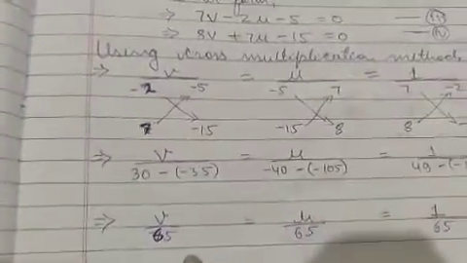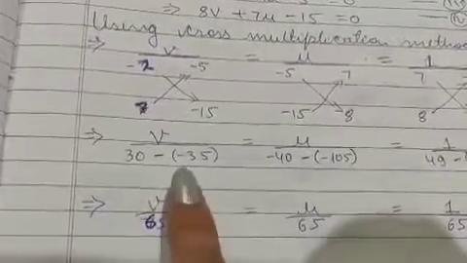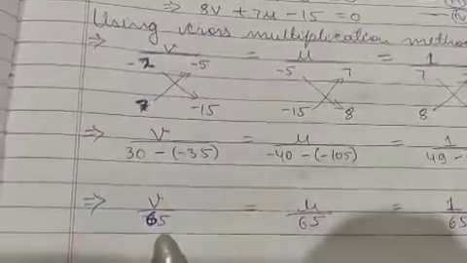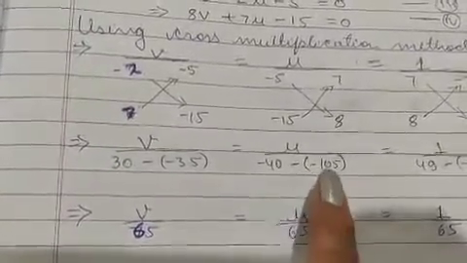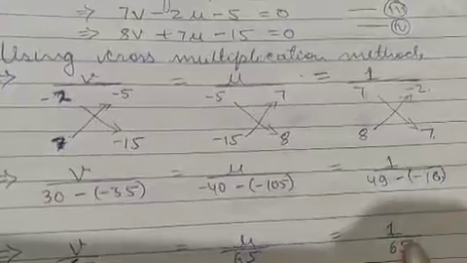After simplifying the denominators, we'll get u upon 65. Here 30 plus, since minus becomes plus, so 65. Minus 40 and minus becomes plus 105, so plus 65. And 49 and here minus becomes plus 16, so 65.